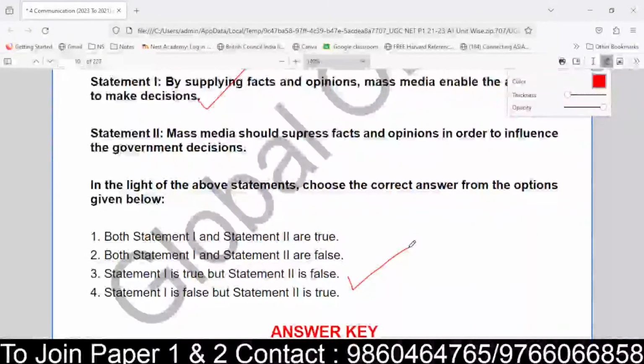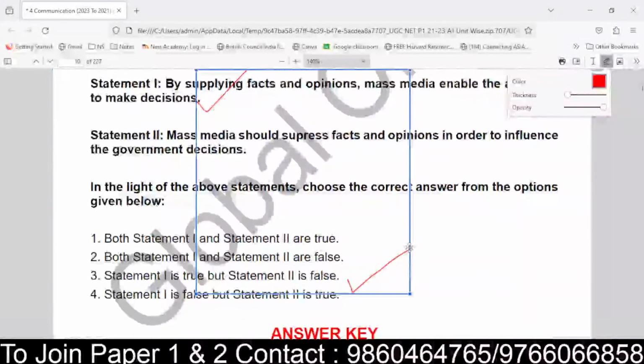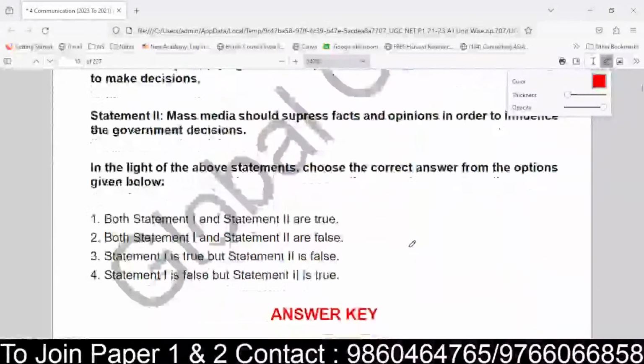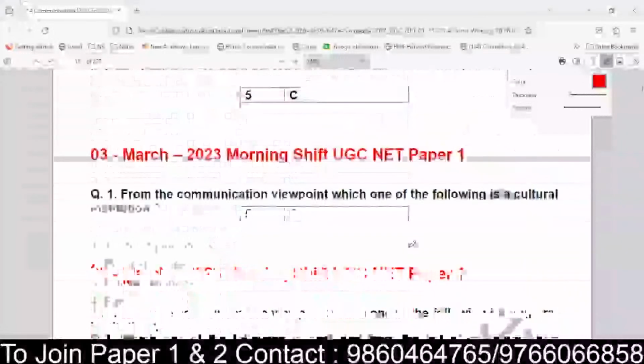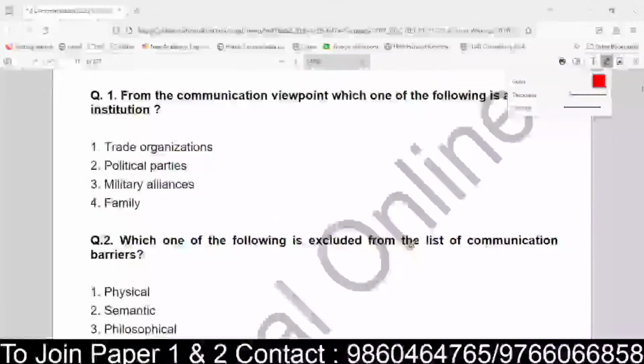Okay. I hope everything is going smoothly. Now we are coming to the last paper. Both are true. Yes, very good. Coming to the last paper, let's see what the first question is.